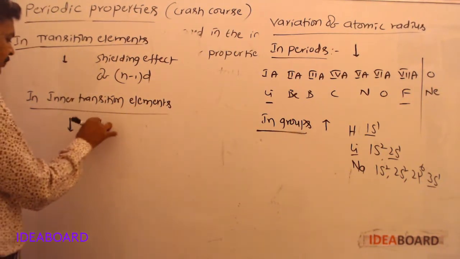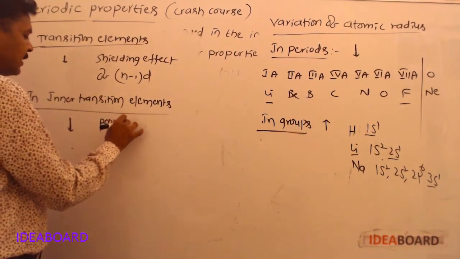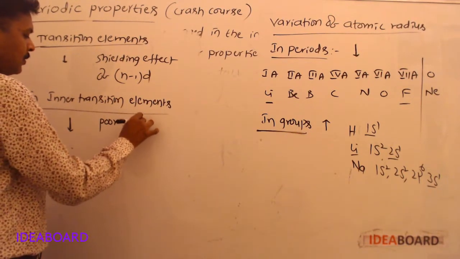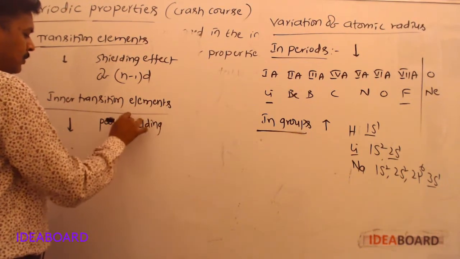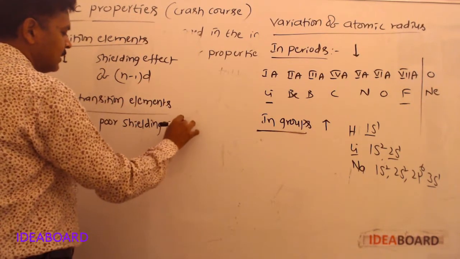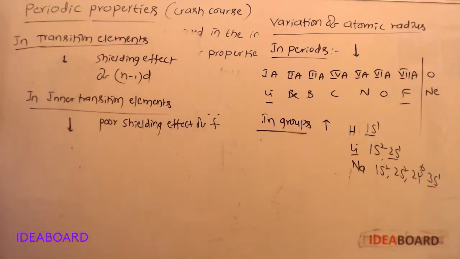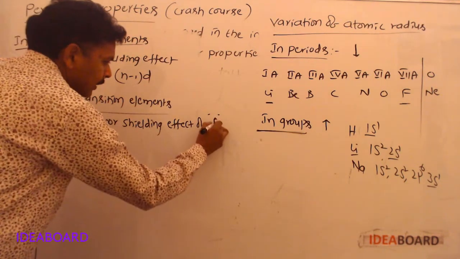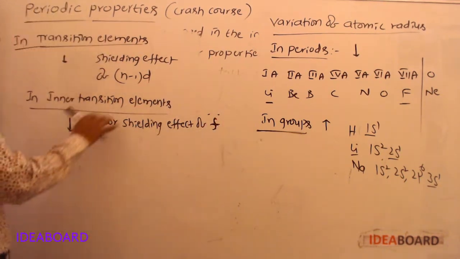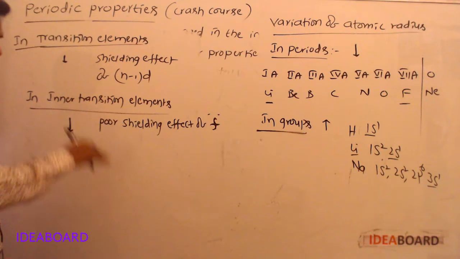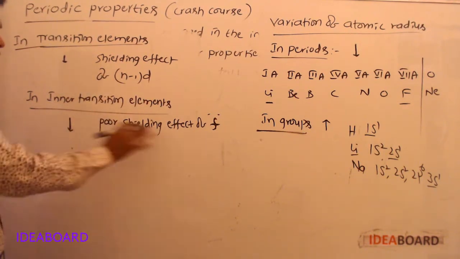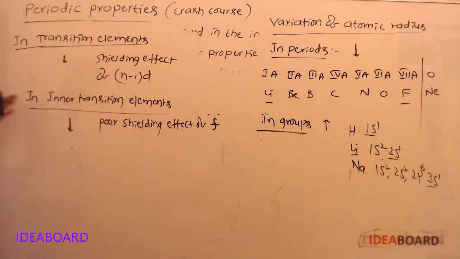That is due to the poor shielding effect of f orbitals. Due to their peculiar shape, f orbitals cause poor shielding effect. Due to poor shielding effect, atomic radius gradually decreases.